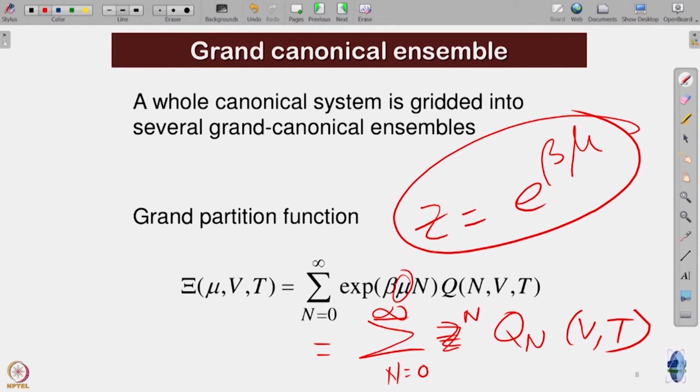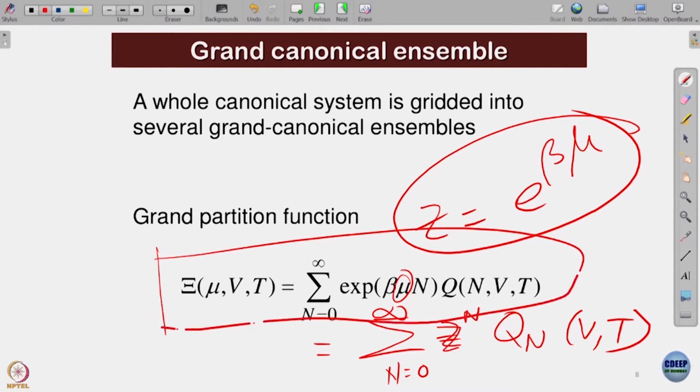Remember that this z, or beta mu, came as a Lagrange multiplier, or Lagrange undetermined coefficient, and mu came from the condition that the number of particles must be conserved. When we went from the microcanonical ensemble to the canonical ensemble, we introduced conservation of energy of my super system.